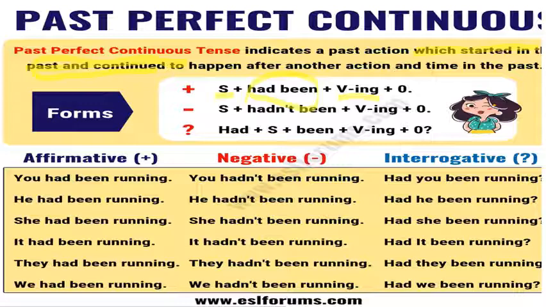If you make it in interrogative form, you bring the auxiliary to the initial position before the subject: had, and then the subject, been, verb with ing, and then the object. And here are some examples. You had been running, you hadn't been running, had you been running?